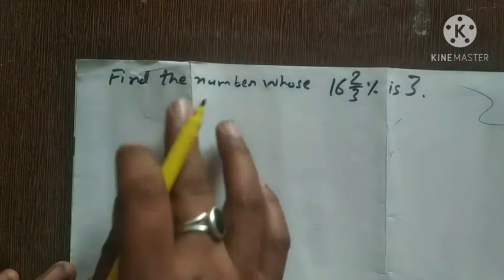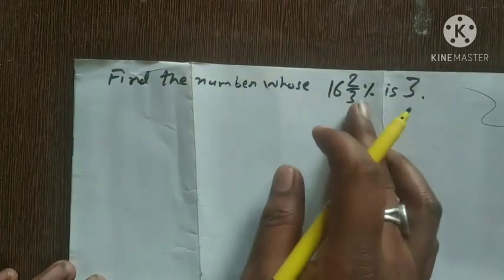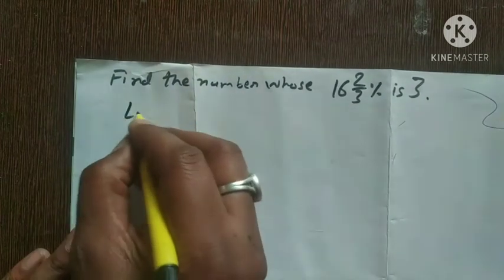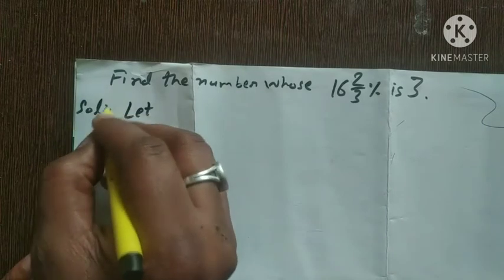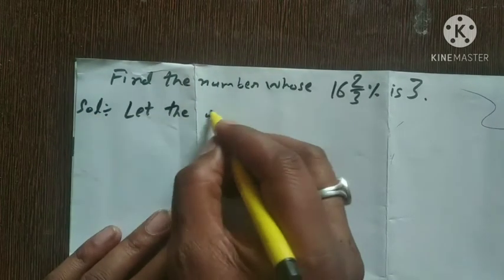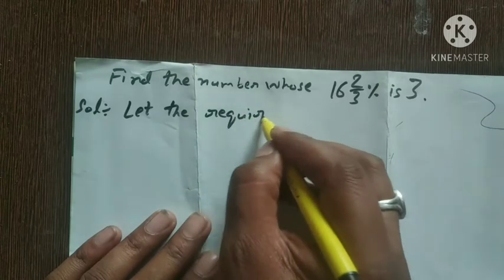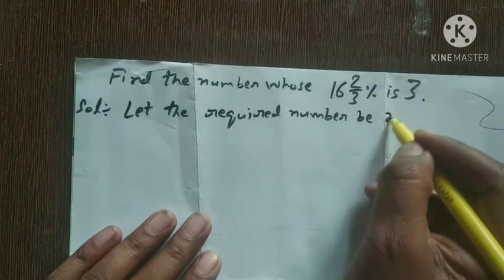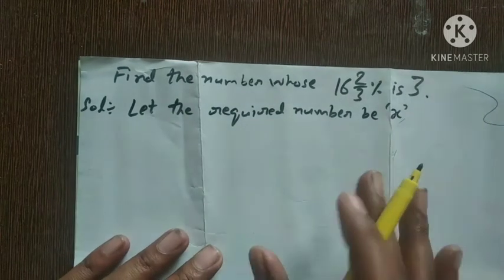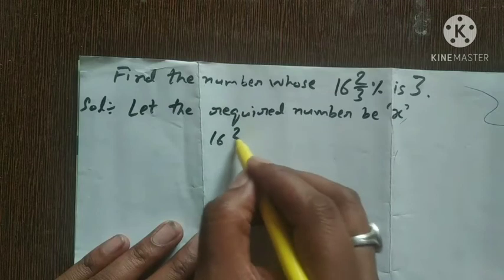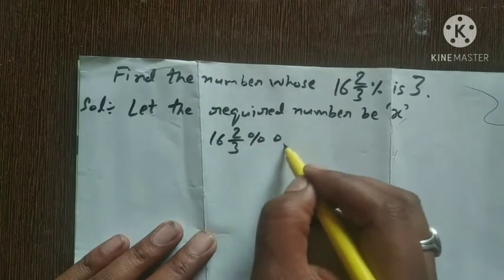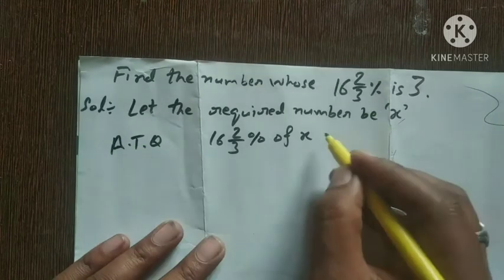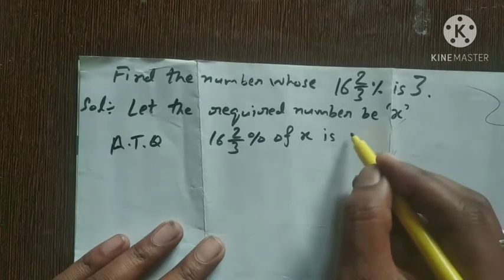Now we have to find the number whose 16 and 2 by 3% is 3. So I will consider that number to be x. Let the required number be x. So according to the question, 16 and 2 by 3% of x is 3.